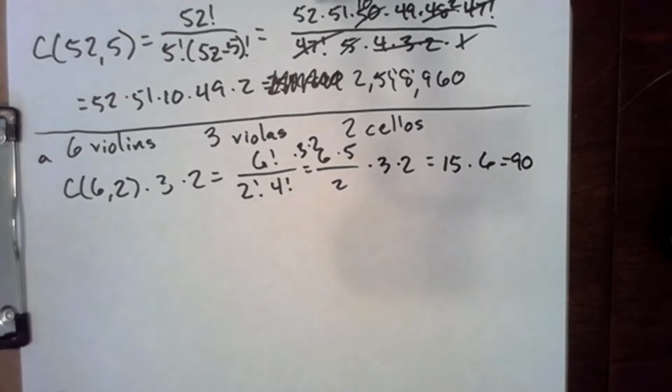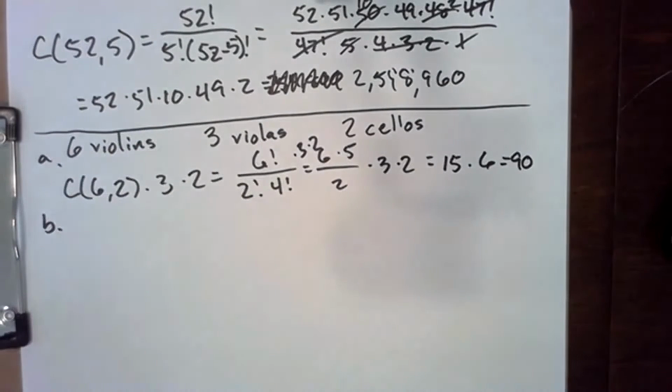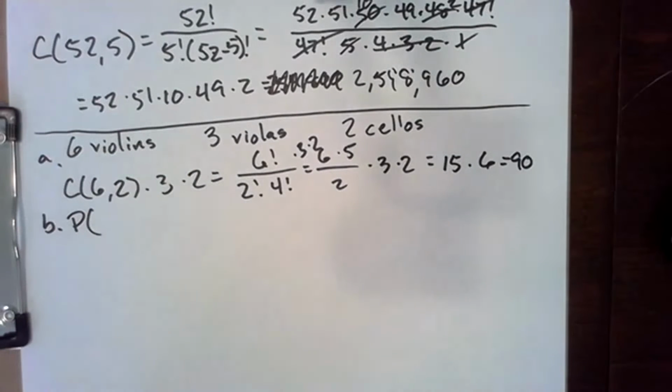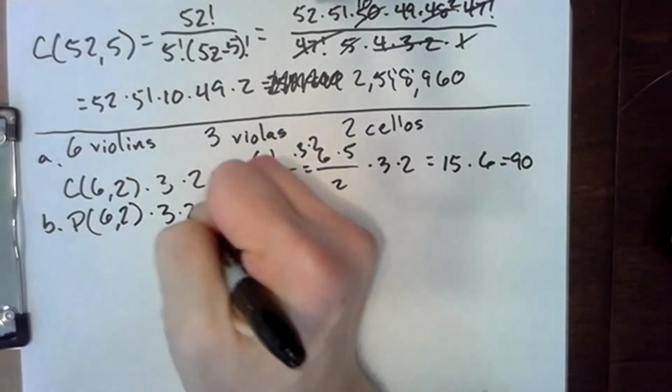On the other hand, if the order does matter, then this isn't, in fact, C(6,2), it's P(6,2). Because if the order matters, then we have different arrangements, the order matters. So we're going to go with P(6,2) here, times 3 times 2.